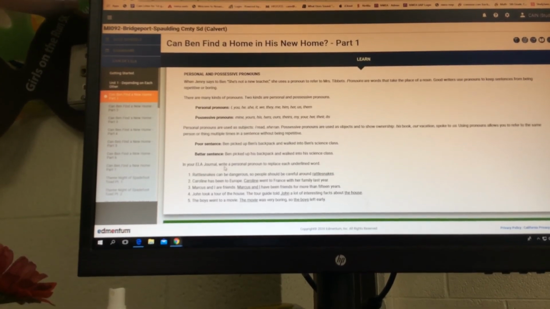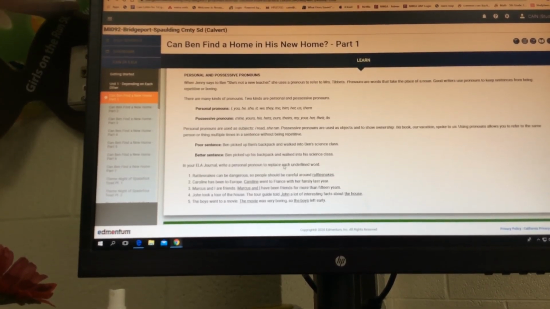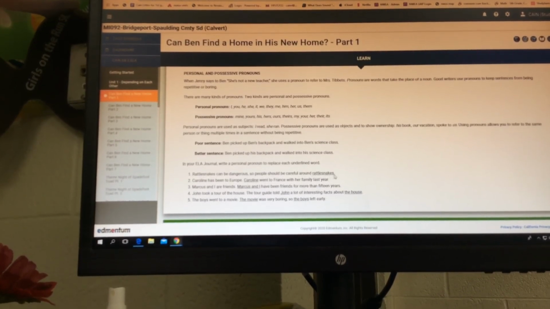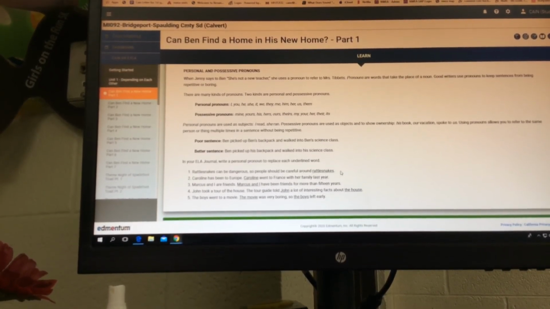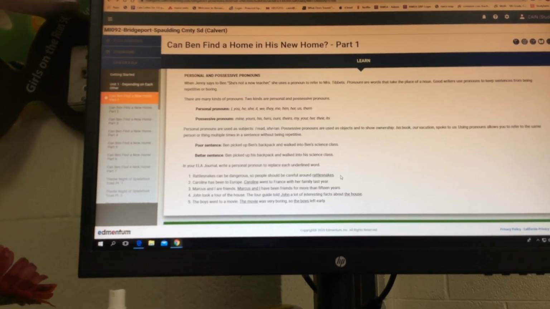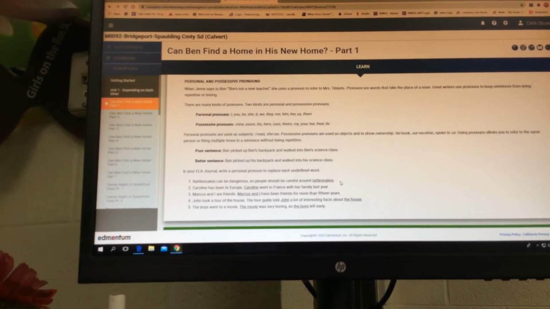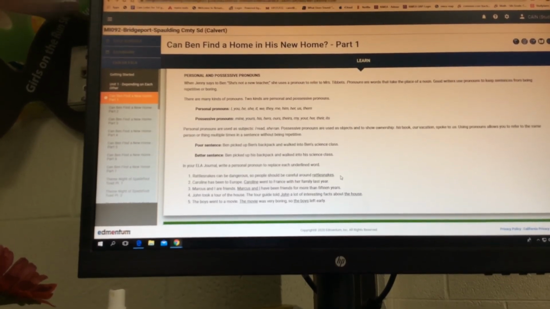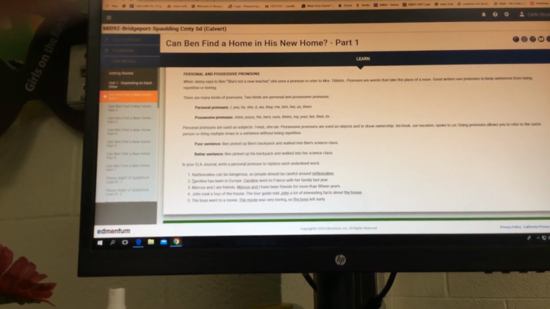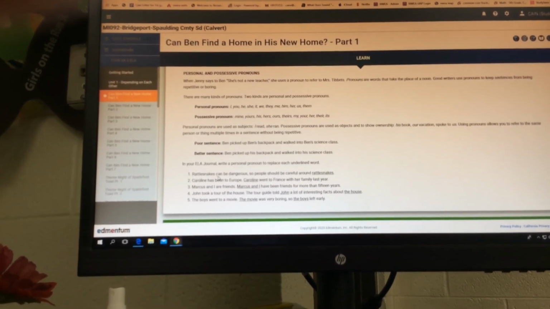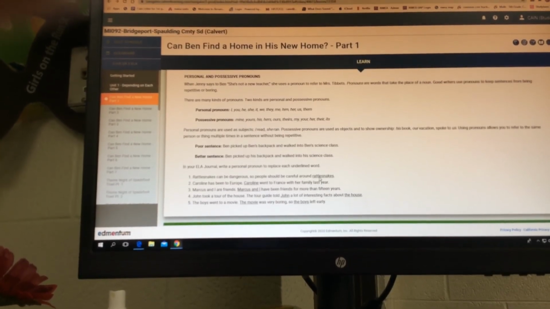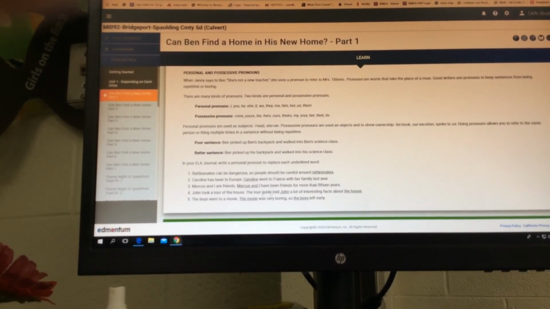It says, write a personal pronoun to replace each underlined word. Rattlesnakes is the word that you have to replace with a pronoun. Rattlesnakes can be dangerous, so people should be careful around rattlesnakes. So instead of rattlesnakes, I would write the word them. It makes sense. Listen. Rattlesnakes can be dangerous, so people should be careful around them. That's what you have to write down.